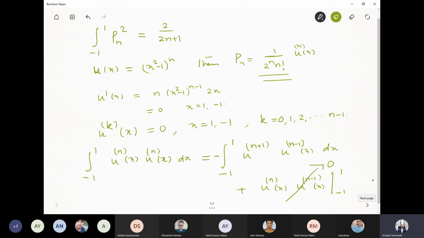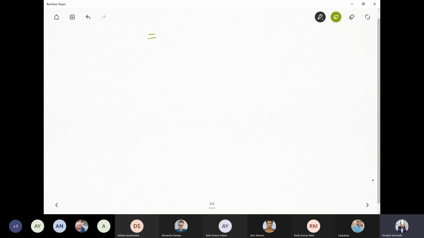Now you do this integration once again on the same thing, and then you get u n plus 2 and here u n minus 2. So again integration by parts, we will have minus 1 square, integral from minus 1 to 1 of u n plus 2 into u n minus 2. And keep doing this how many times? n times.